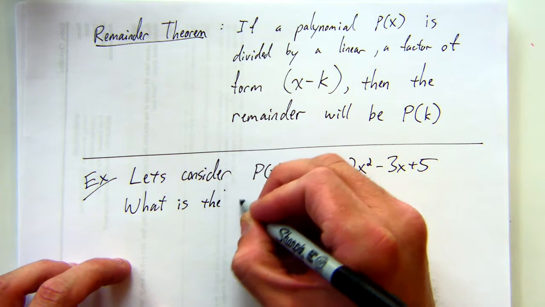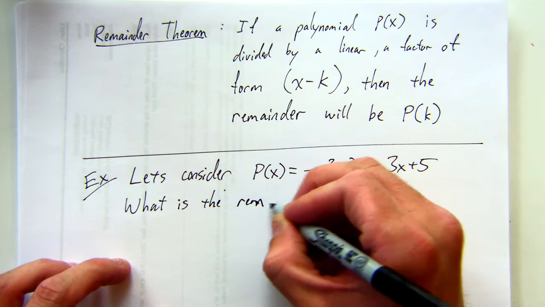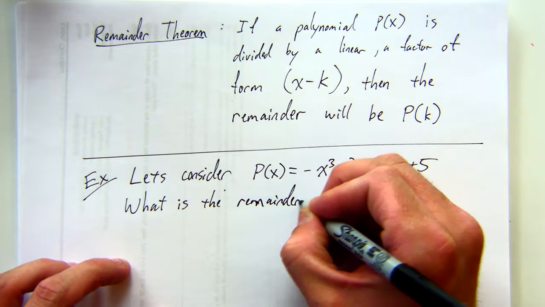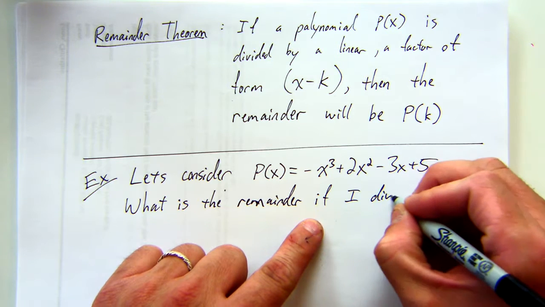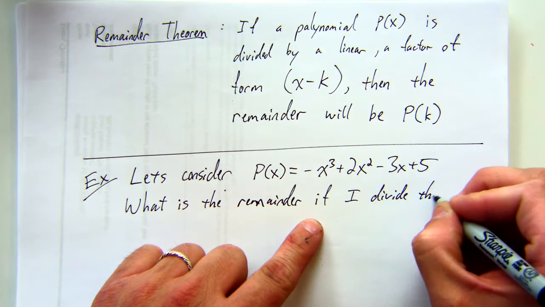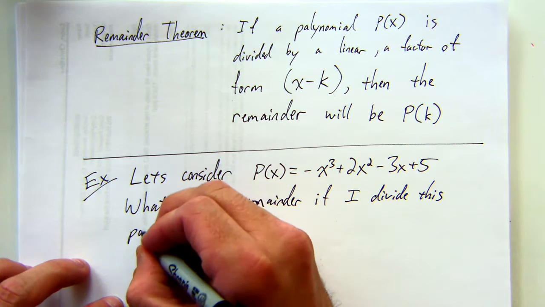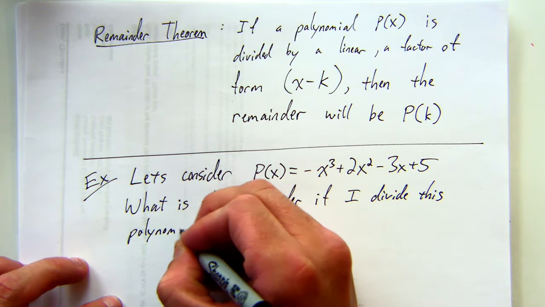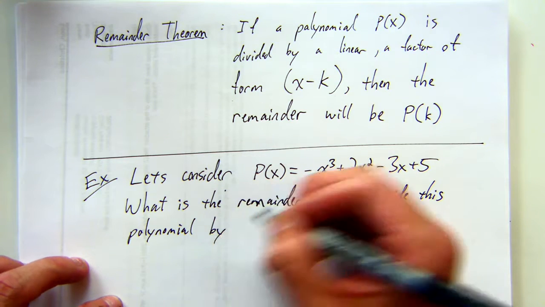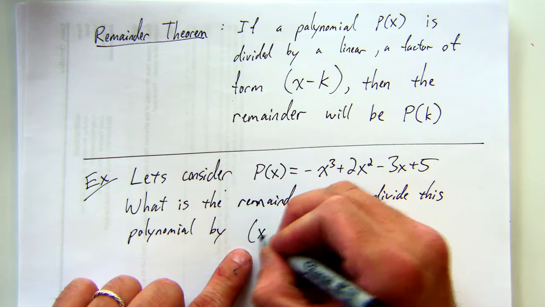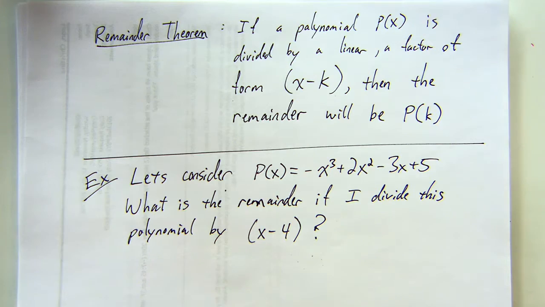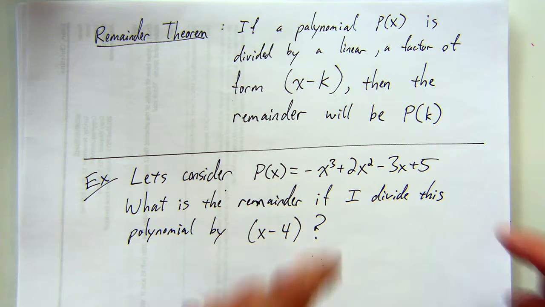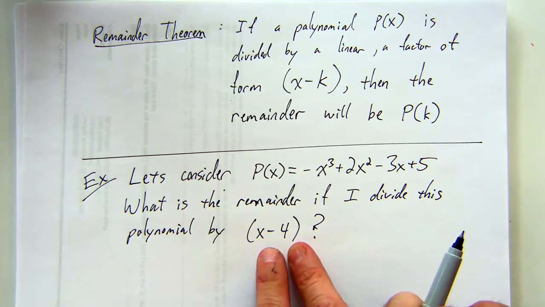What is the remainder if I divide this polynomial by the linear factor, let's say x minus 4? So if I take this polynomial and I divide by x minus 4.